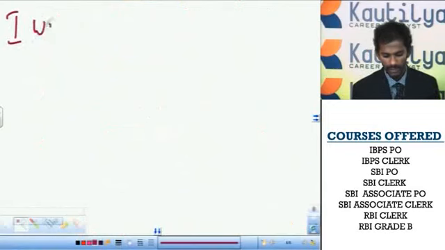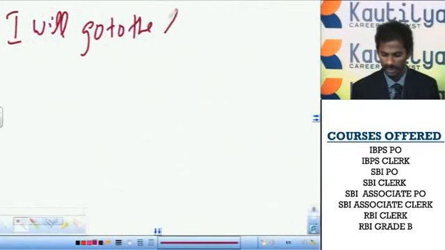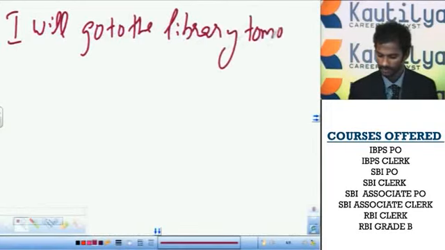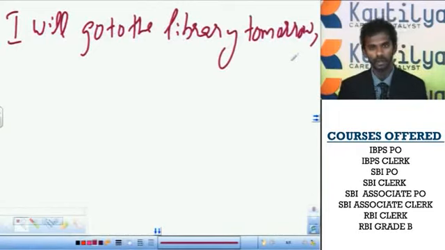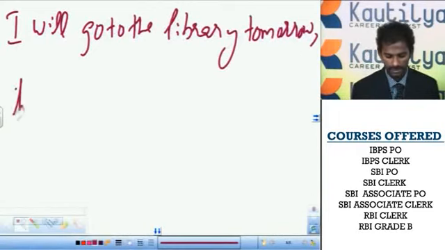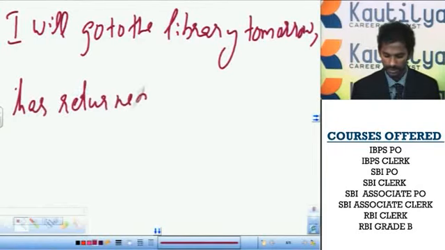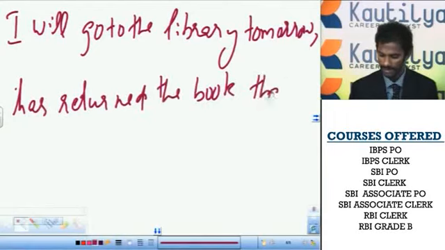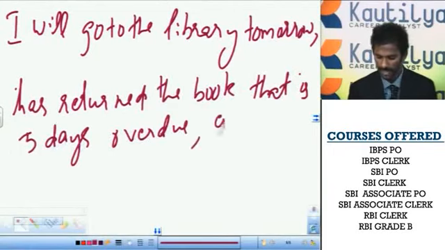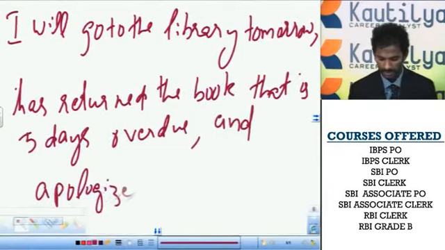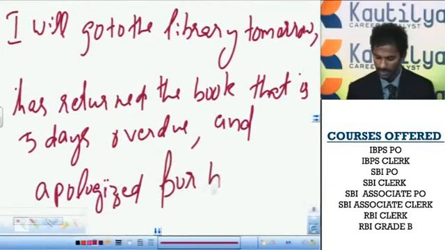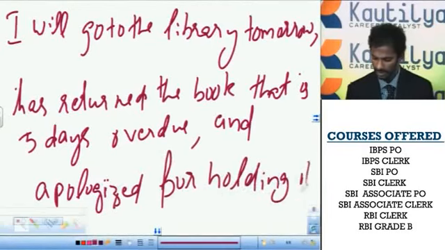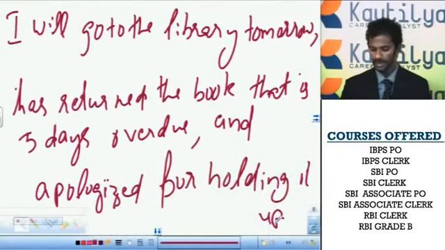I will go to the library tomorrow, comma, has returned the book that is 5 days overdue, comma, and conjunction, and apologized for holding it up, full stop.